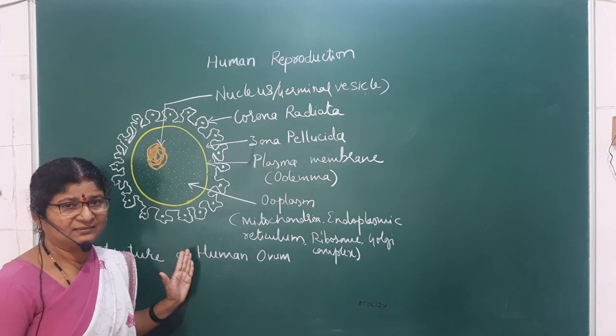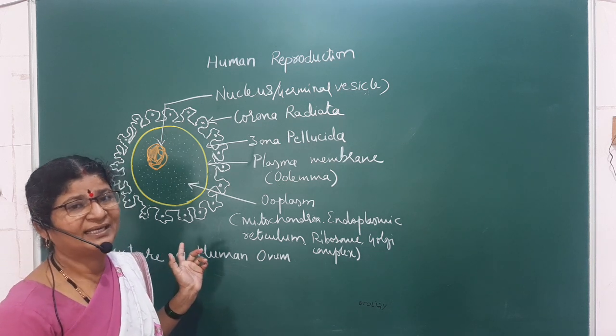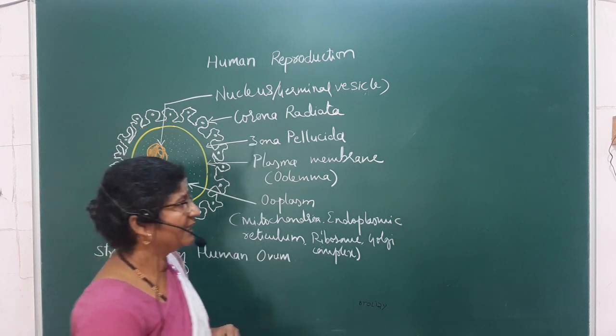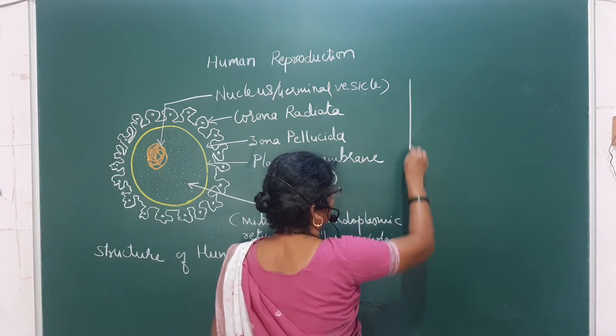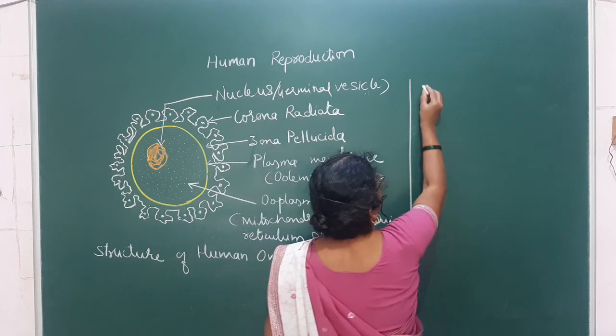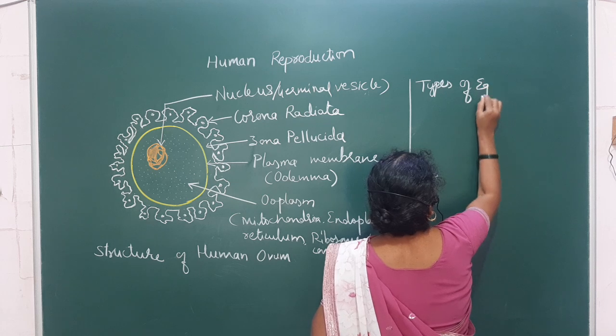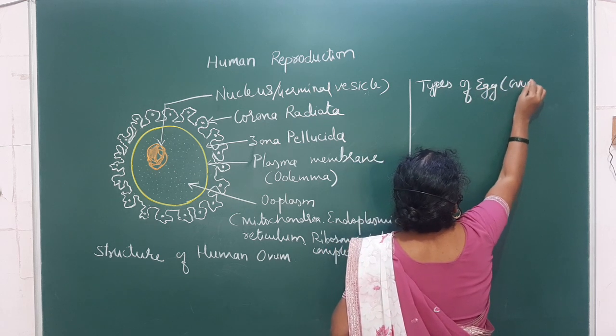Now the eggs of animals are classified based on the deposition of the yolk. Yesterday I just told you the names. Now let us see the classification, or you can say the types of egg, or ovum.